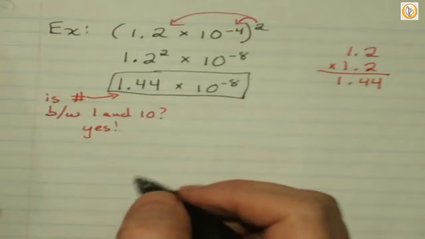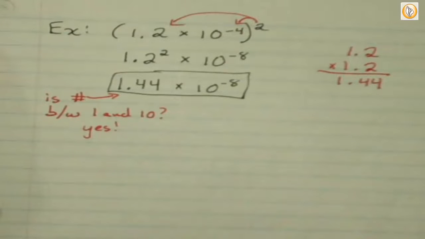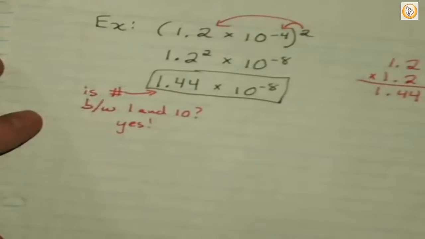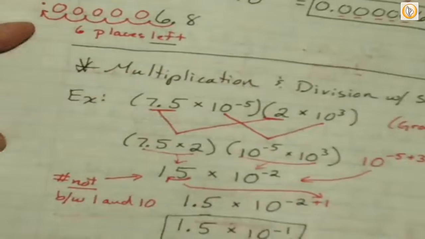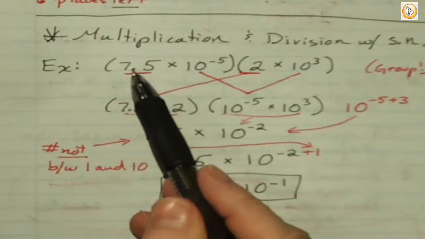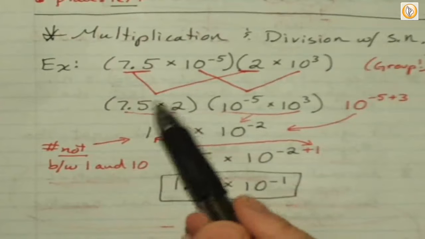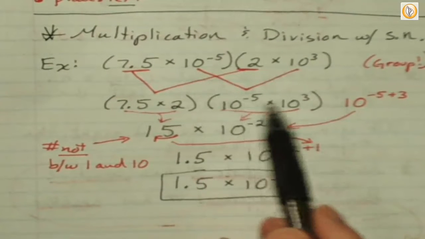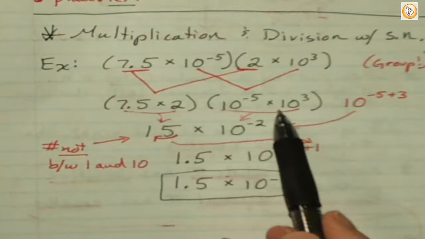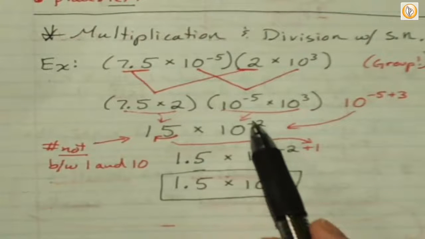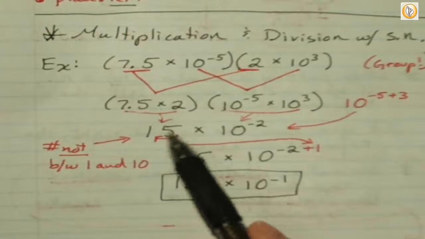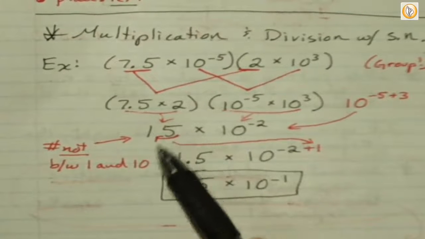Oh, just wait. Any questions about multiplying? Okay, so remember, if you're multiplying, you just group the numbers together, times, and then the tens and their exponents together. The bases are the same, so you're going to add the exponents, multiply these, then make sure it is in scientific notation between 1 and 10 and move the decimal.